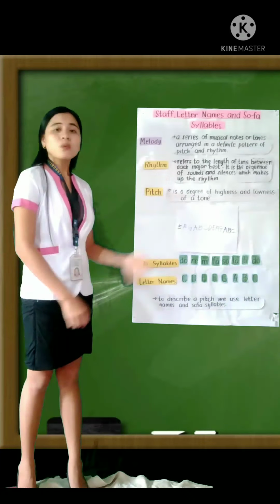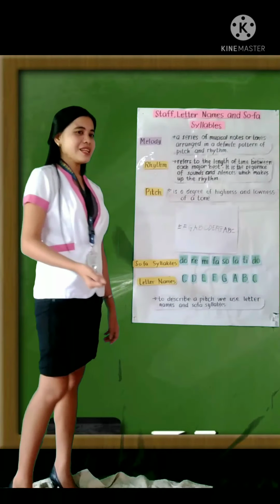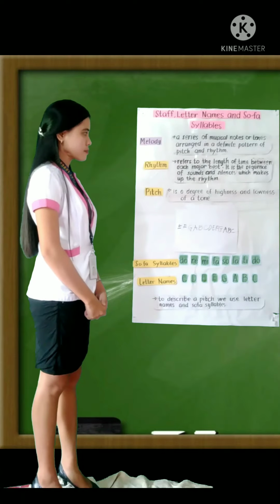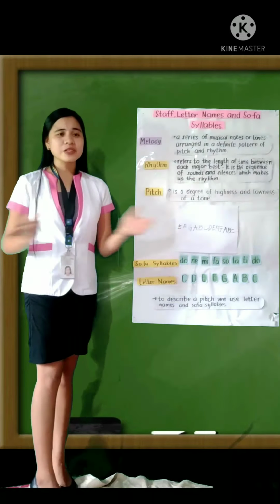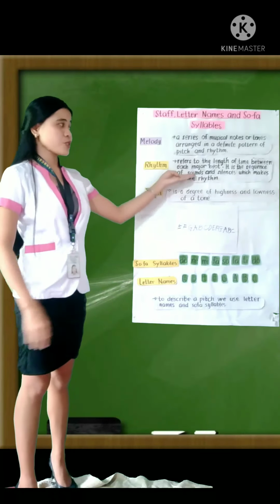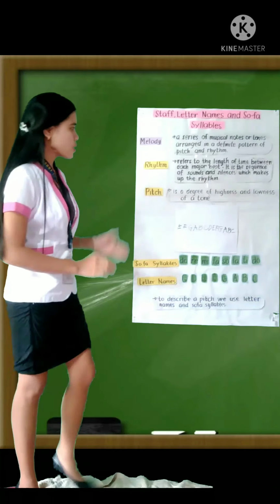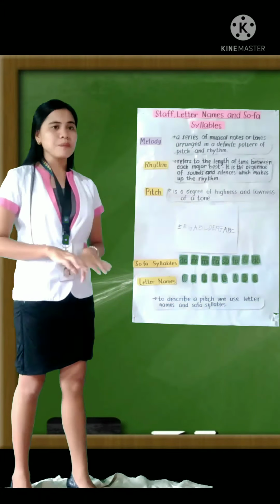So what is rhythm? So please read, Amy. Refers to the length of time between each major beat. It is the sequence of sounds and silences which makes up the rhythm. Okay, very good. So the rhythm refers to the length of time between each major beat. So it is the sequence of sounds and silences which makes up the rhythm.